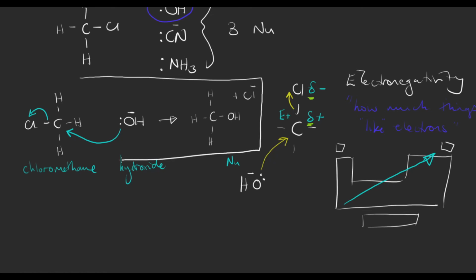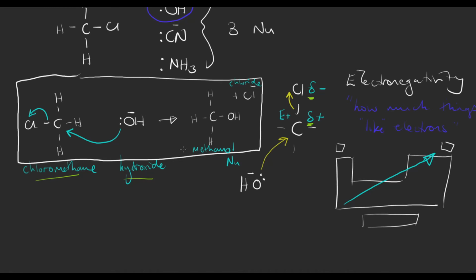So this is the displayed formula reaction for the nucleophilic substitution of chloromethane with hydroxide. And what we're left with is methanol, and you should be able to name that by now, and chloride. Chloride ion.